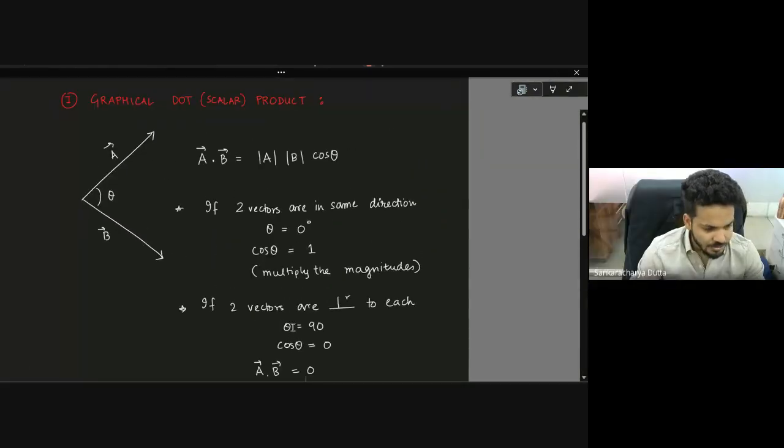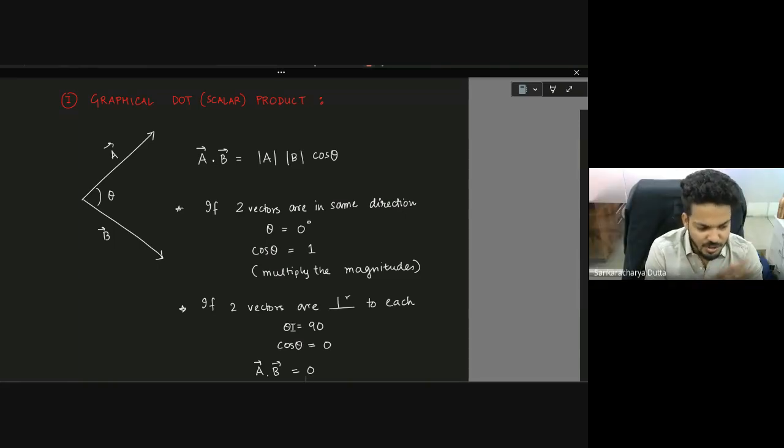This is the beauty of a dot product. If the vectors are in the same direction, then you just multiply the magnitudes. But if they are perpendicular to each other, your answer will be 0. Does that make sense? Yes, sir. Okay.